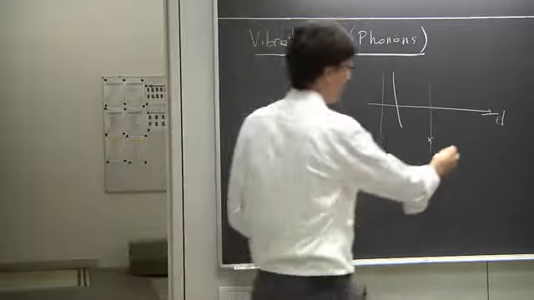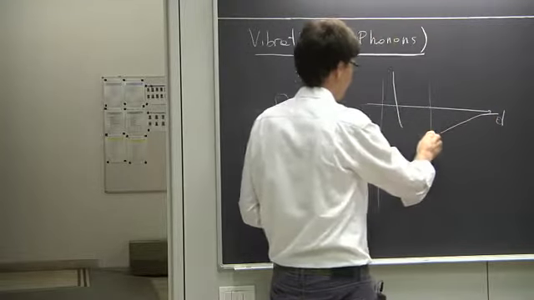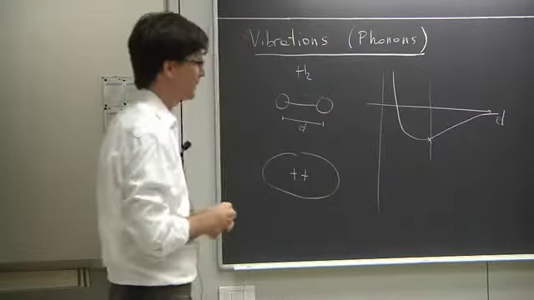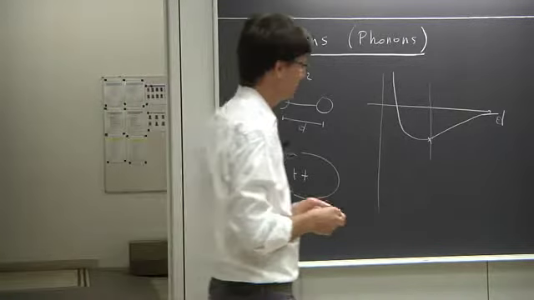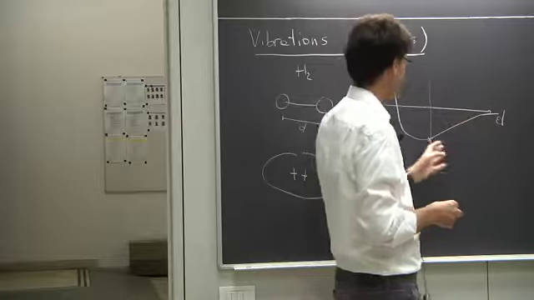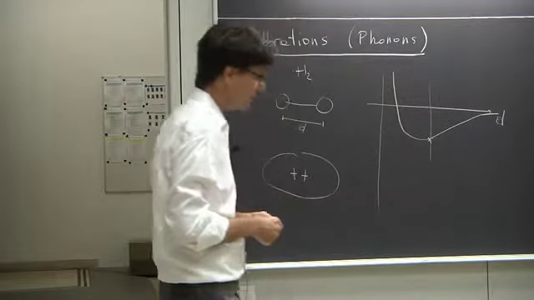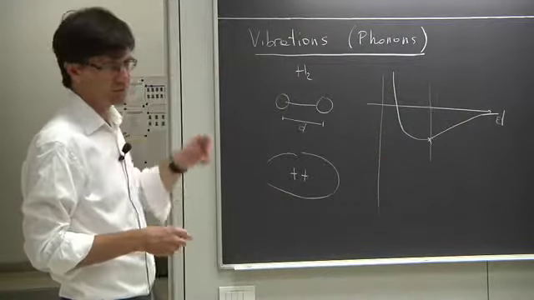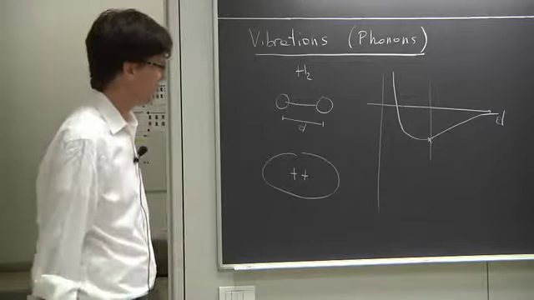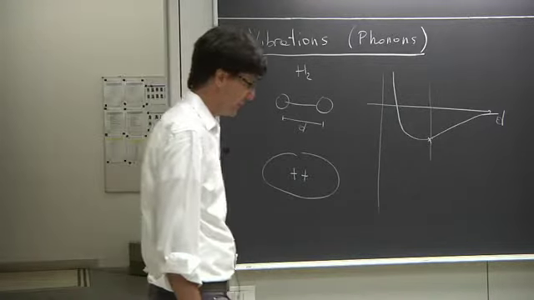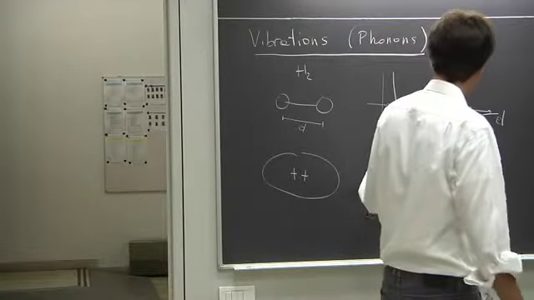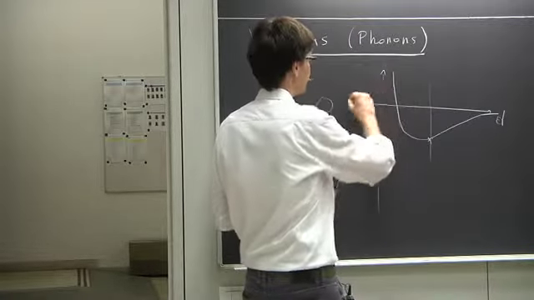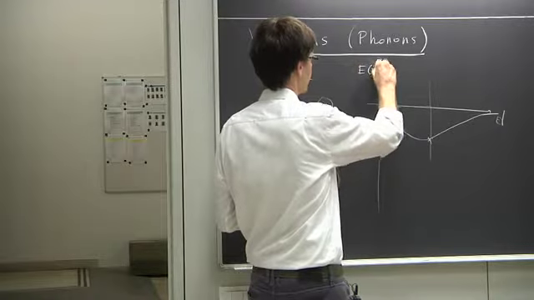So if you just continue analytically this curve, you clearly see that this curve must have a minimum somewhere. It tends to zero at long distances and there is a barrier at short distances. The nuclei won't be able to get closer than a certain distance. So this curve here, this is, say, the energy as a function of d.